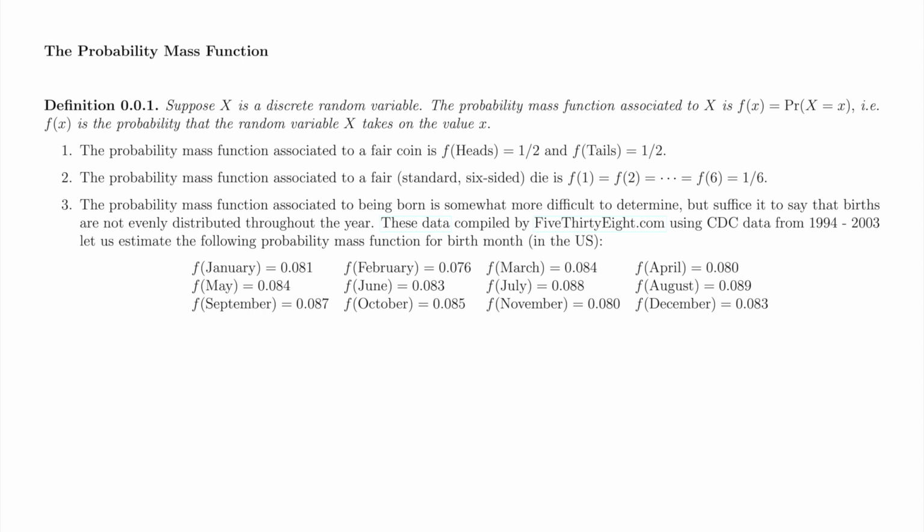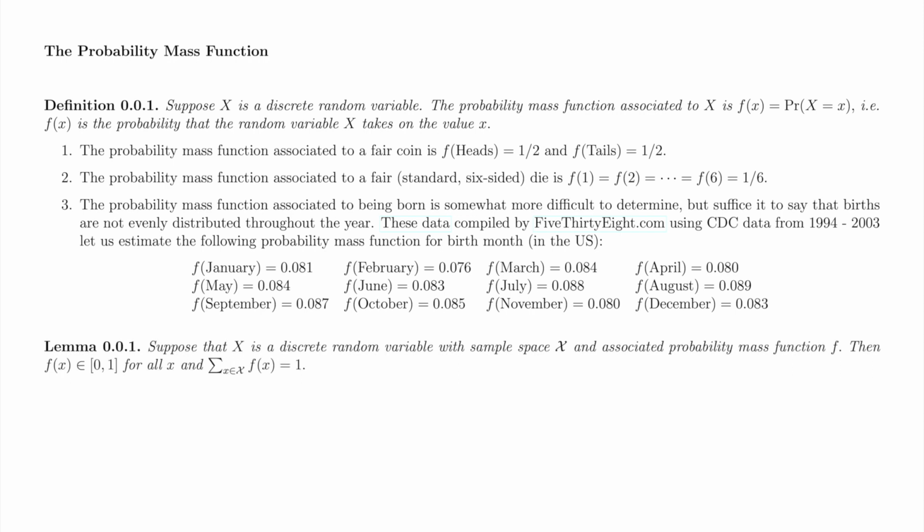Note that only now have we specified that the coin and the die are fair. Note also that a random variable doesn't need to assign the same probability to each outcome in the sample space. People are not evenly distributed by birth month, even adjusting for the fact that months have a different number of days.